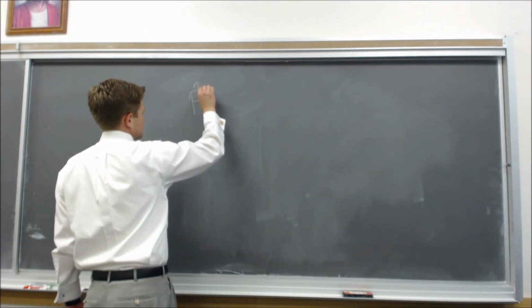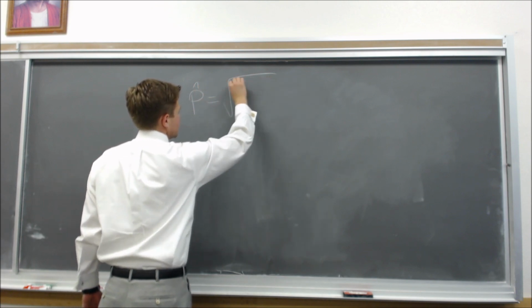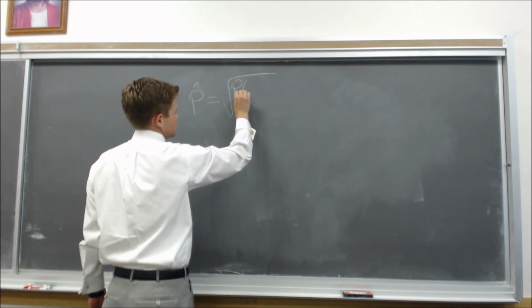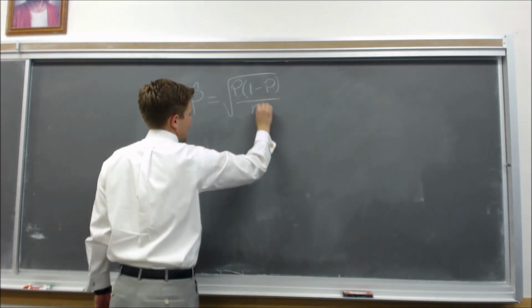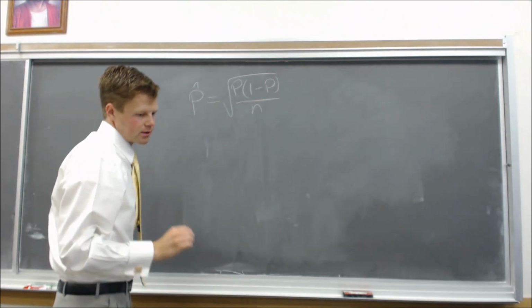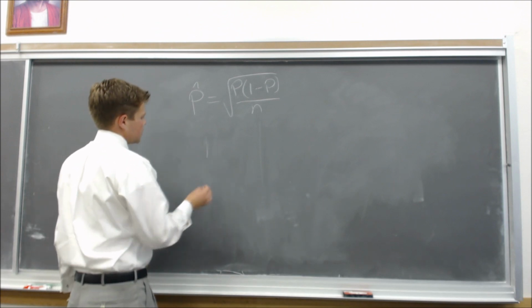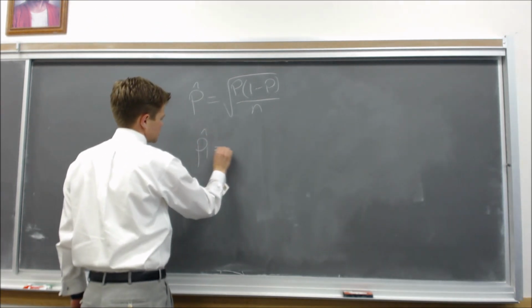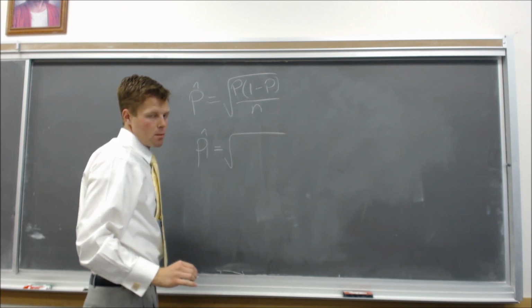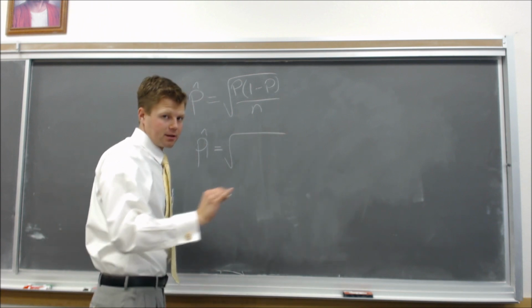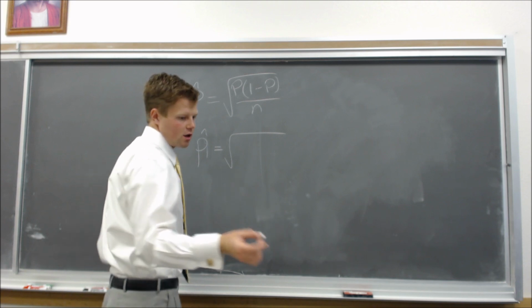Okay, so real quick review, the standard deviation of p hat is equal to the square root of your population proportion P times 1 minus P, divided by n, being your sample size. So see if you can come up with these numbers on your own. The P is the proportion of the population, or the mean that we just solved for.